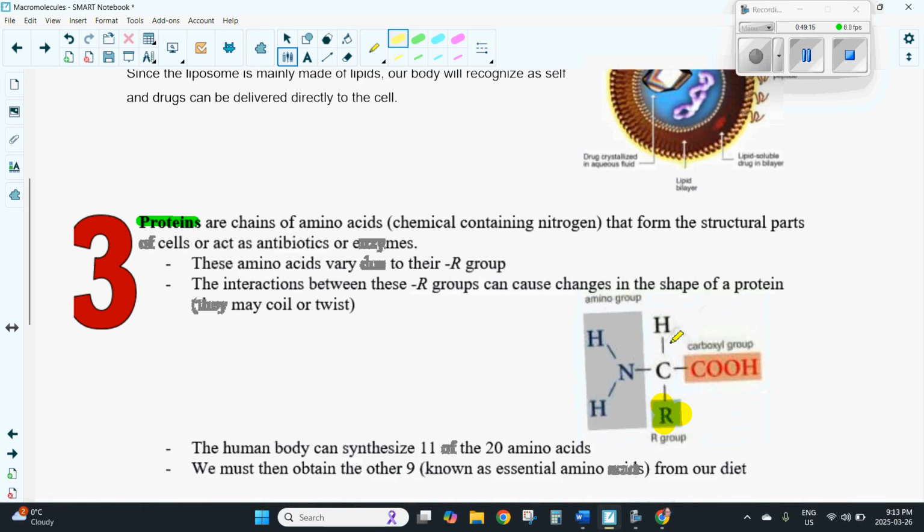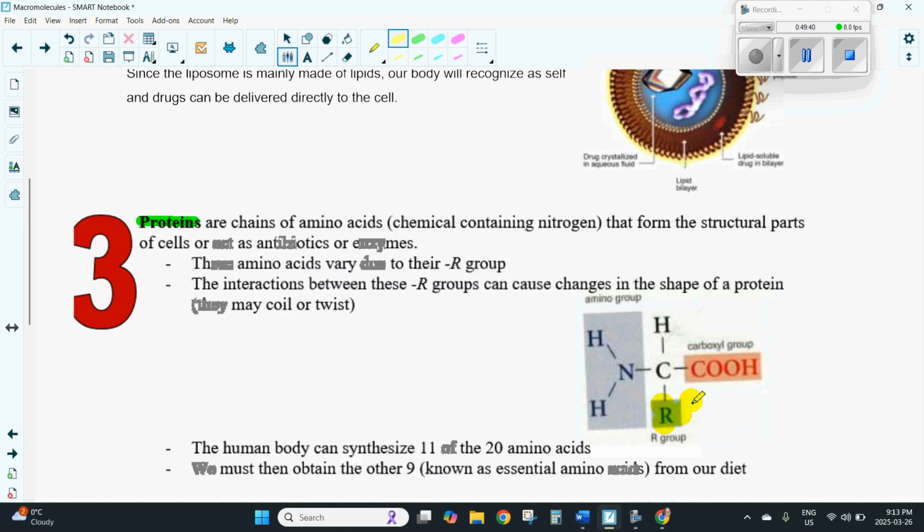It's always going to have a hydrogen here, and it's always going to have this carboxyl group. The only difference is this R group, which means the rest of the compound. The interactions between these R groups can cause changes to the shape of the protein. When one amino acid interacts with another amino acid, it changes the shape of a protein.